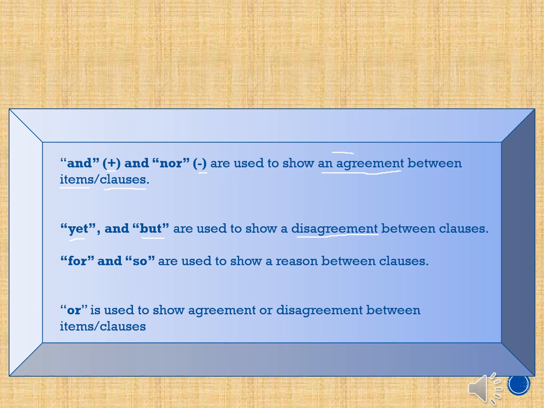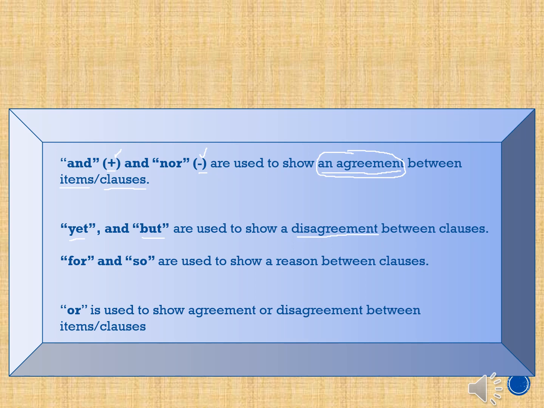They are going to be similar. But the difference is that with and I'm going to join two things that are positive, and with nor we are going to join two parts that are negative. That's the only difference. But then with nor, we need to pay attention because everything changes. The grammar changes, and I'm going to explain that.